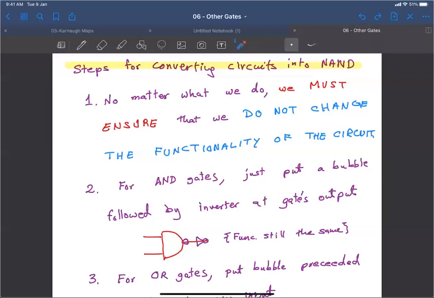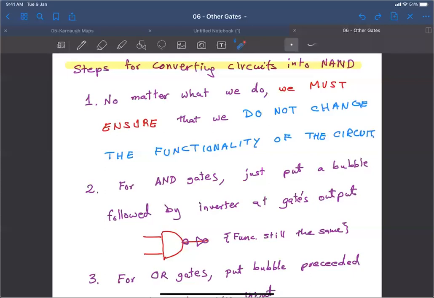So now we study, given a circuit, what are the steps to convert it into only NAND gates. The first thing that you need to make sure of is that no matter what you do, what you are doing does not change the functionality of the circuit.